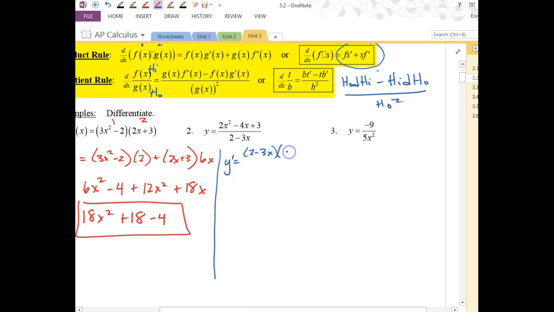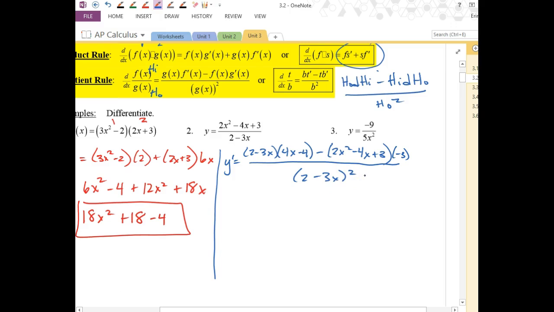What's the derivative of the top? 4x minus 4 minus the high times the derivative of the ho. What's the derivative of the denominator? -3. And that's all going to be over the ho squared.